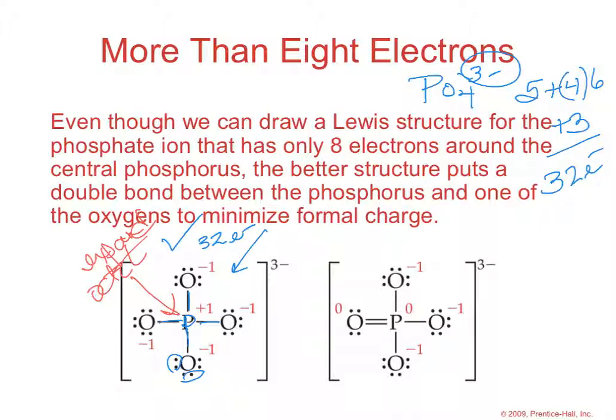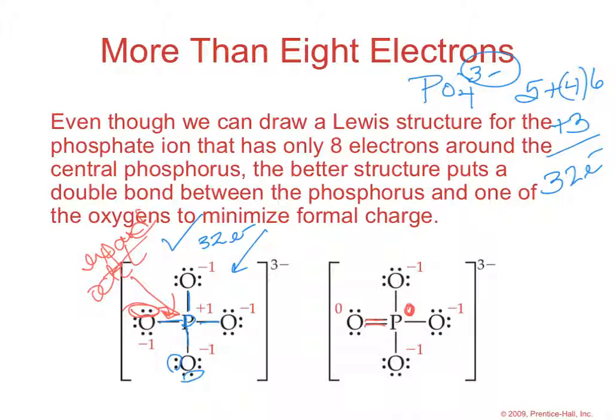So let's do that. So we're going to take any of the oxygens, doesn't matter, they're all equivalent at this point. Use one of the non-bonding pairs on oxygen to make a multiple bond. Okay. And you can see now, if you recalculate formal charges, we have now given the phosphorus a formal charge of 0, as does this oxygen. And so that's a good thing.